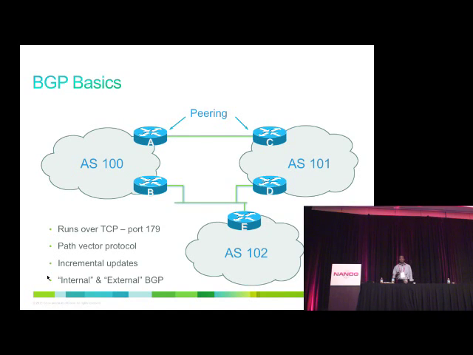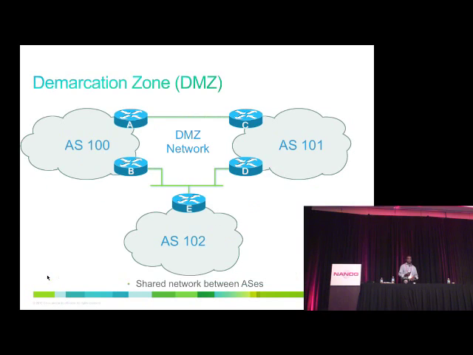So that's internal and external BGP peering, and it uses incremental updates. So it doesn't just dump the entire route table every time it does updates. Obviously when you start, you'll get the full update depending on the policy, but as things change, you get incremental advertisements or withdrawals.